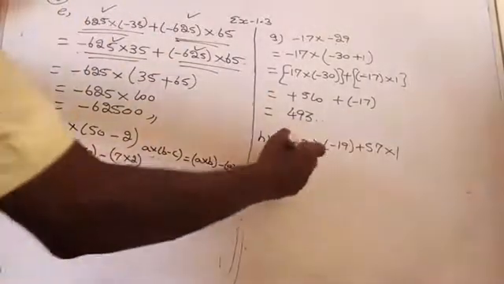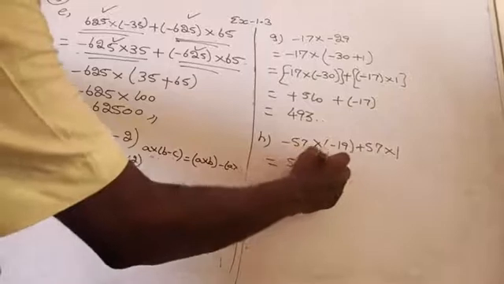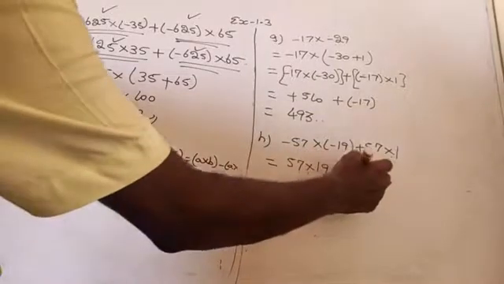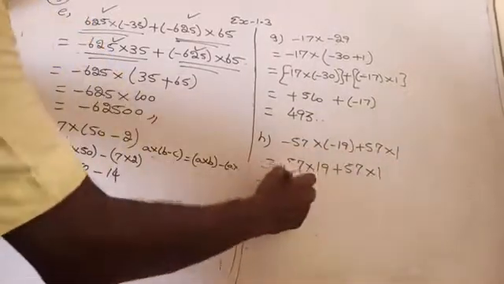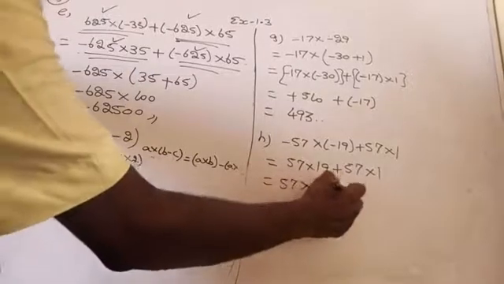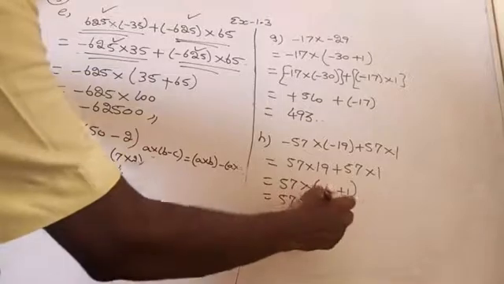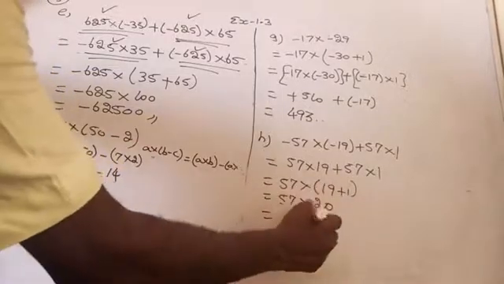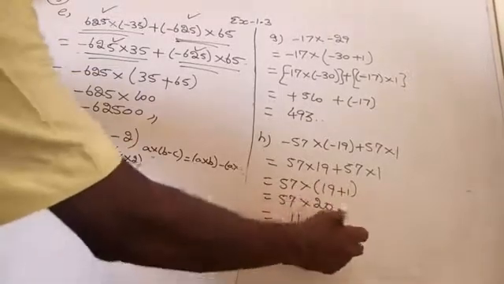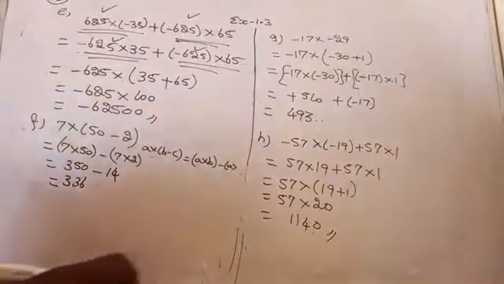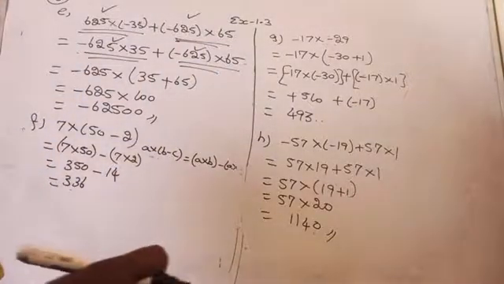Minus into minus is plus, so you can write 57 into 19 plus 57 into 1. Take 57 common outside into 19 plus 1, that is 57 into 20. Just multiply: 0, 7 2s are 14, 5 2s are 10, 10 plus 1 is 11, so 1140. Am I right dear?